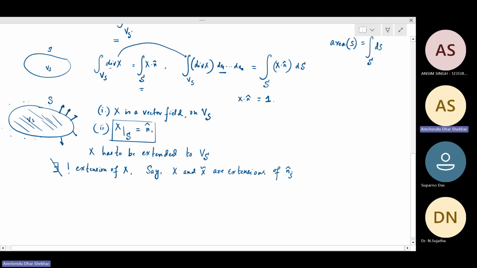Let's call this NS. Then by the divergence theorem, the integral over Vs of the divergence of X would be equal to the integral of the divergence of X tilde over Vs, and that would be equal to the area of S.